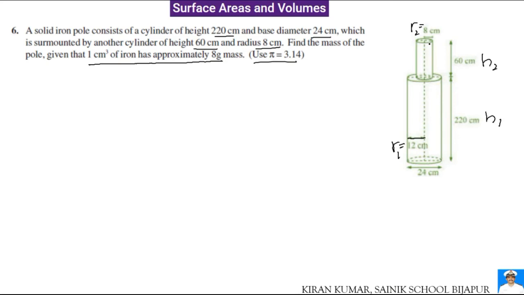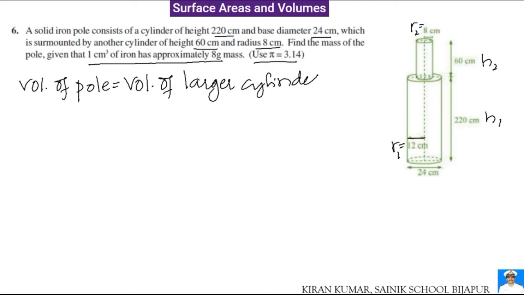So on observation, it's very easy to identify that the volume of the pole will be equal to volume of the larger cylinder plus volume of the smaller cylinder.